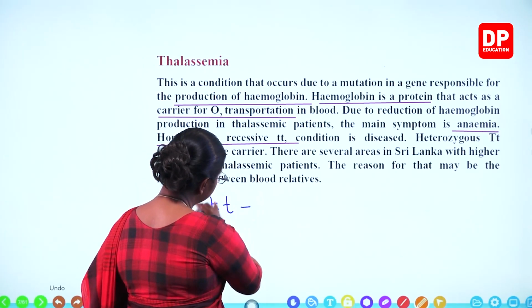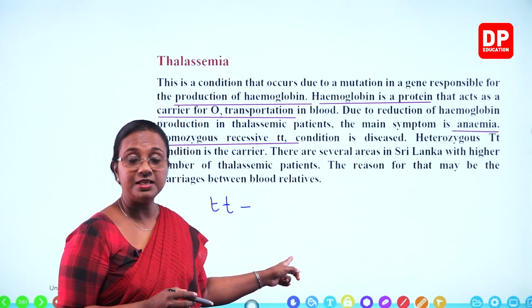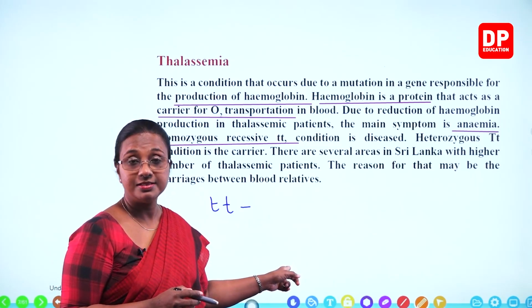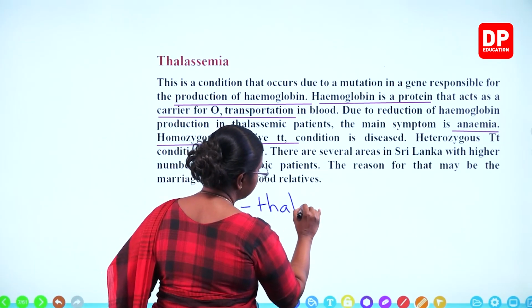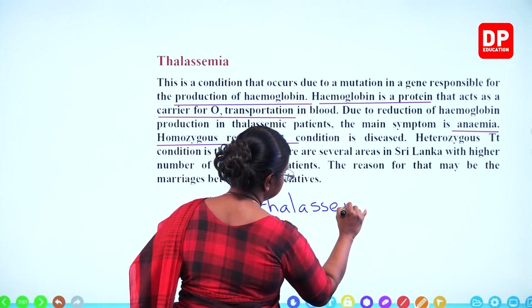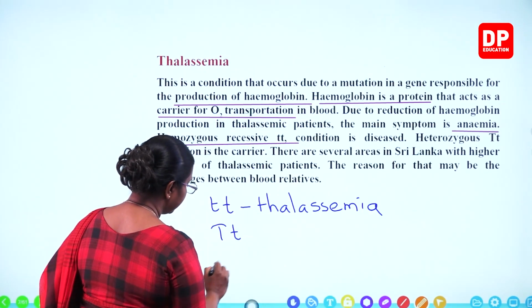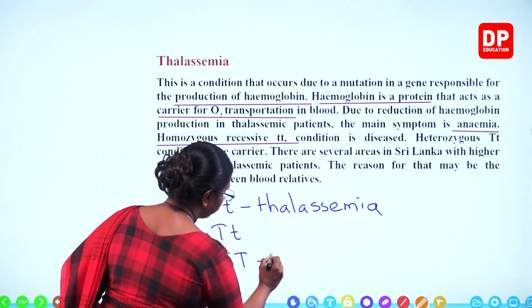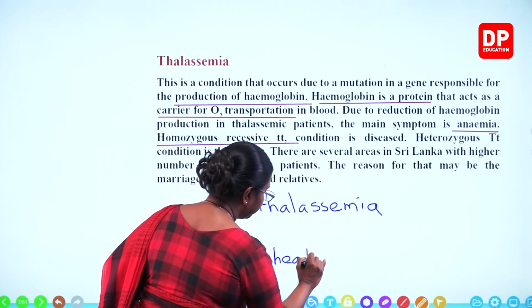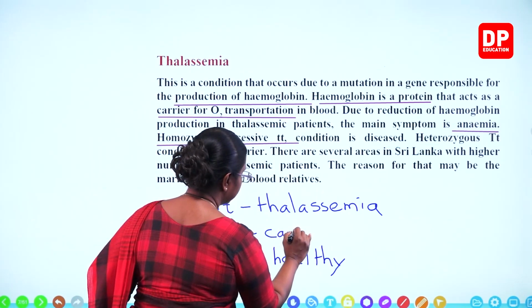So when a person has thalassemia, that is simple t simple t, homozygous recessive genes, the person will have thalassemia. Then you can have capital T simple t and capital T capital T. The capital T capital T will of course be a healthy person, and capital T simple t, the person will be a carrier.